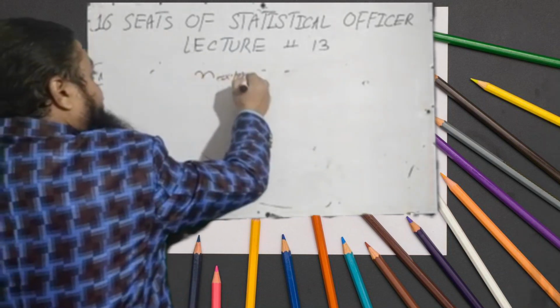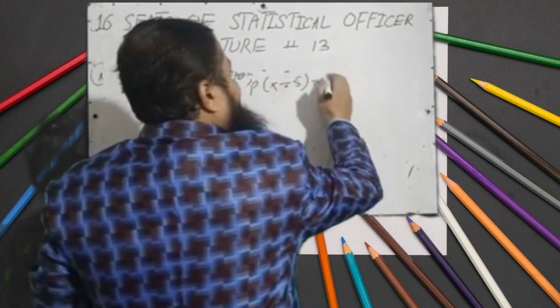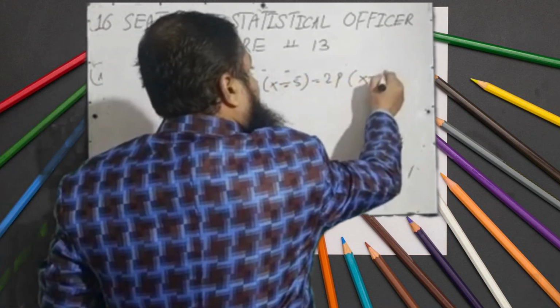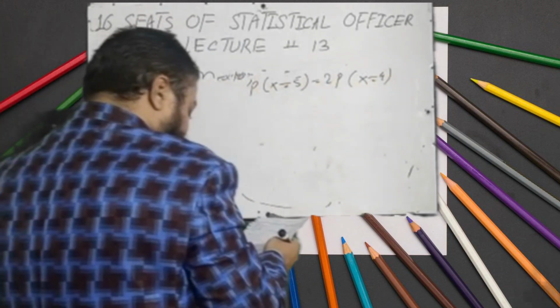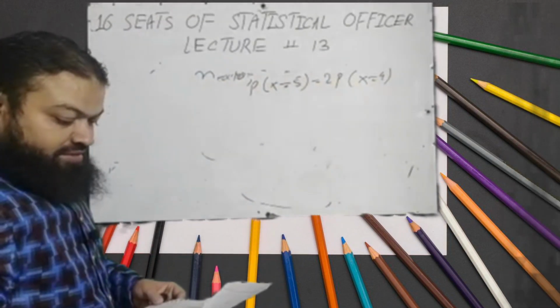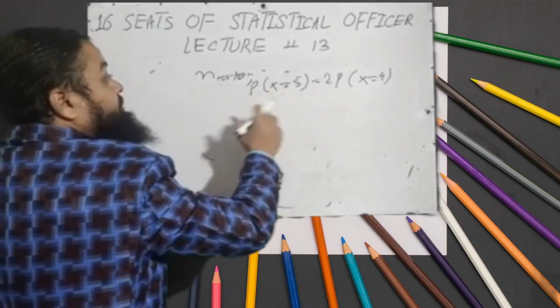n is 10, probability of x is equal to 5 is equal to 2 times probability of x is equal to 4, and we are to calculate p actually.